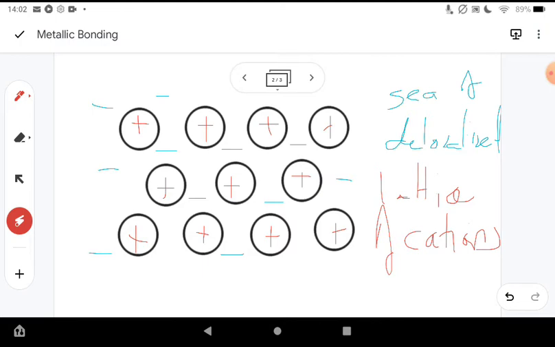So they can be stretched out, or they can be pushed in one of these directions, which would mean that all of these would move, but these and these would not. This is why they're able to bend and change shape, because of this regular arrangement. It's why you bite gold in the Olympics, because pure gold would bend when you bite it. You'd be able to bend the gold medal. So that's why they bite it, to prove that it's real gold. It would leave teeth marks in it if it were real gold, because the metal is quite malleable.